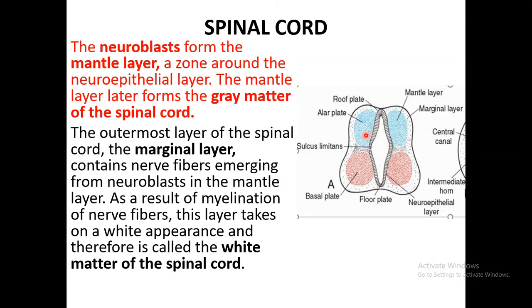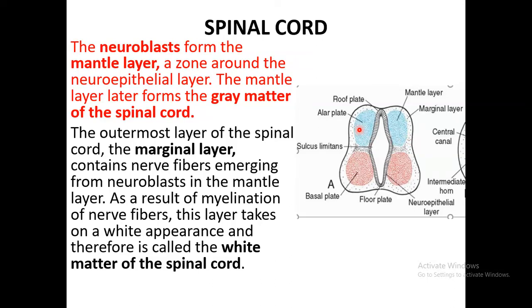They form the mantle layer. This is the mantle layer, which is darker, a zone around the neuroepithelial layer. And the layer present outside the mantle layer, which is lighter in color, is known as the marginal layer.